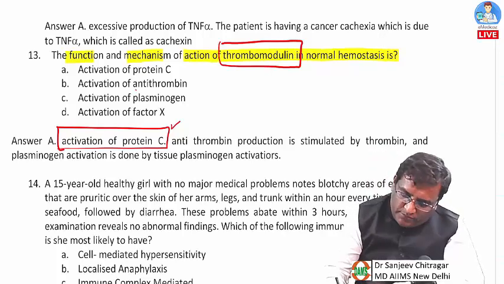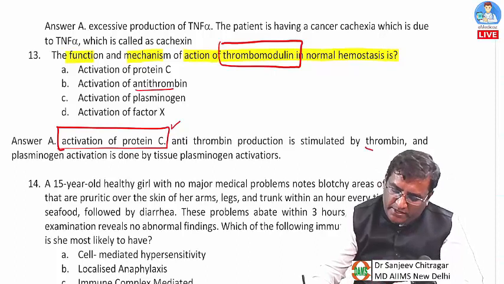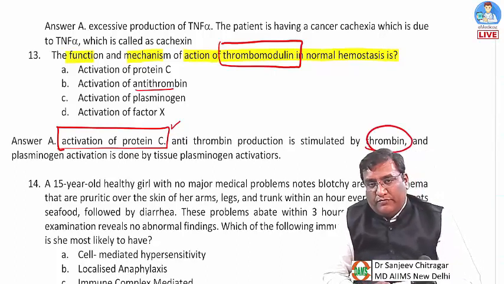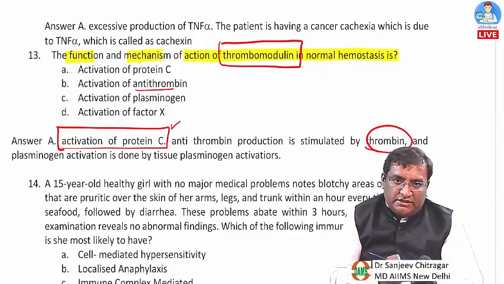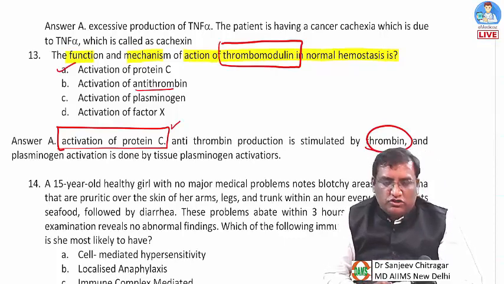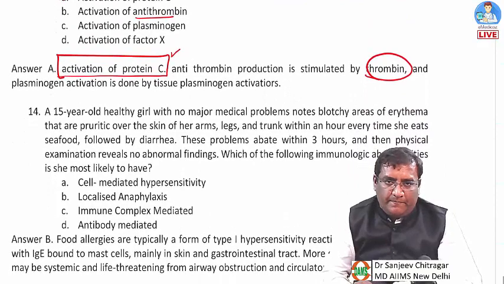Antithrombin is not activated by thrombomodulin. Antithrombin is stimulated by the thrombin itself. And activation of plasminogen is done by tissue plasminogen activators. Okay, so the answer is option A, activation of protein C. Thrombomodulin will help in activation of protein C.